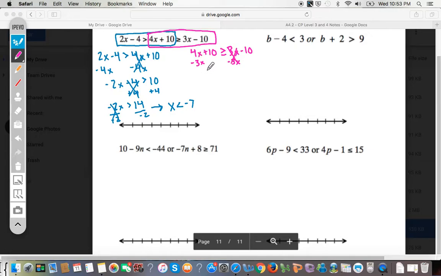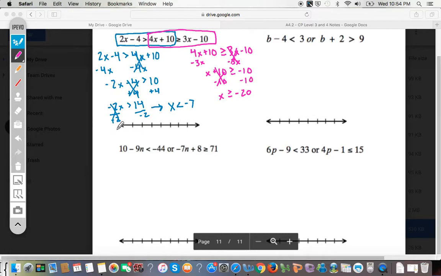So I have 4x minus 3x, which is just x, plus 10 is greater than or equal to negative 10. So subtract 10 on this side and on this side. These cancel. So I have x is greater than or equal to negative 10 minus 10, which is negative 20.